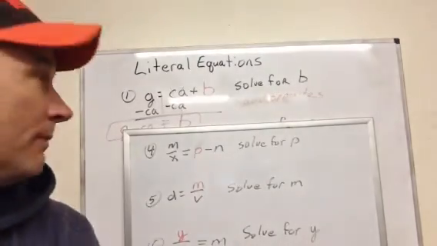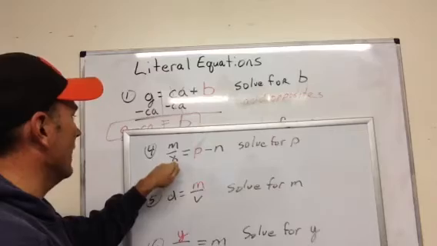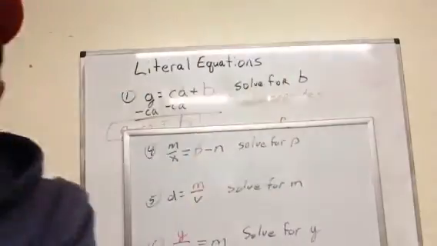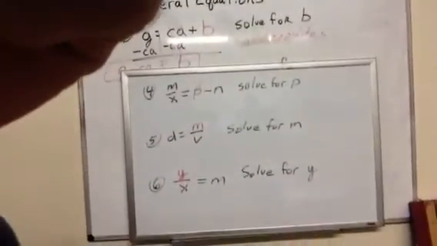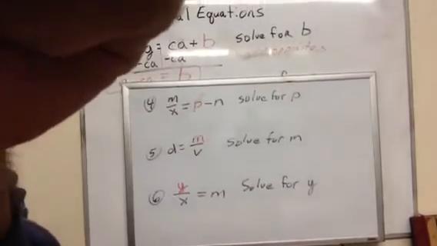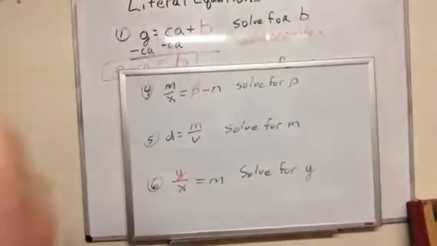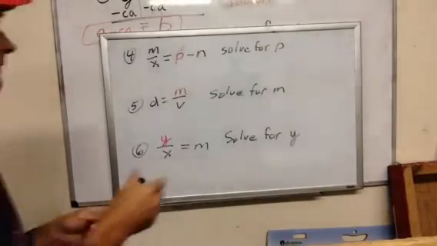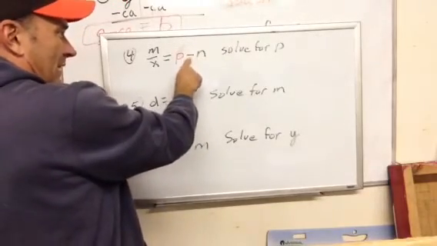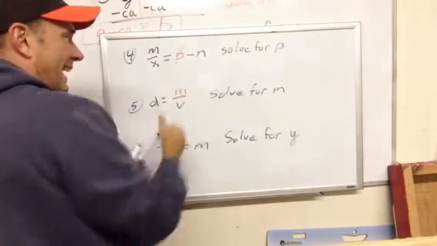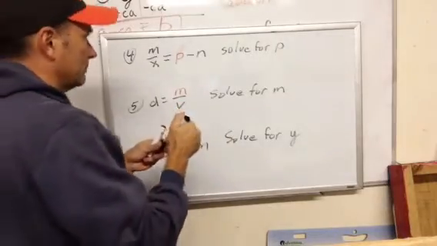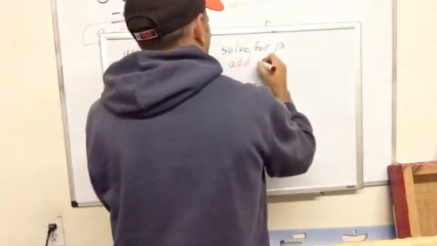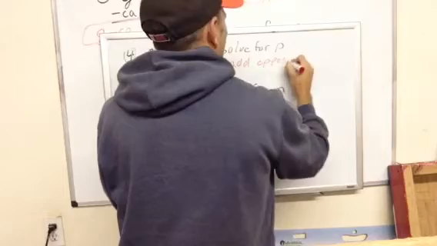So if we're looking at number 4, we have m over x equals p minus n. I want to solve for p. What needs to be done here? Well, I know I want p by itself, and there's a minus n. What is the opposite of minus n? We want to add the opposite, so it's the opposite of negative n, positive n.